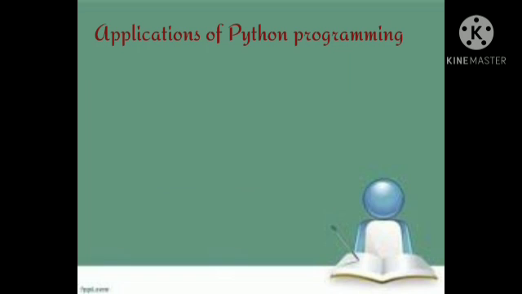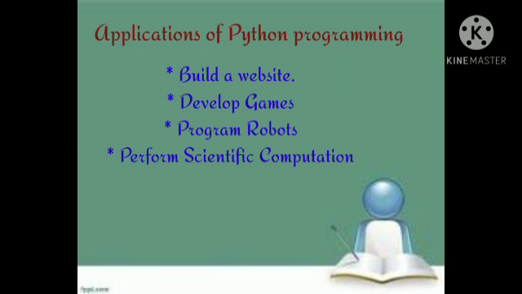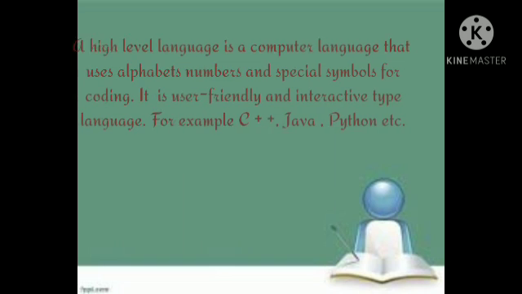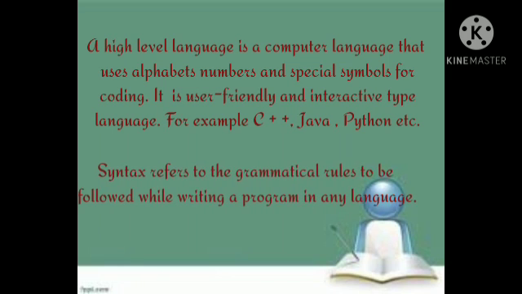Next are the applications, or you can say uses, of Python programming. Now, Python is a popular and easy to learn language. So, this language can be used to build a website, to develop games, program robots, perform scientific computations, etc. A high-level language is a computer language that uses alphabets, numbers, and special symbols for coding.